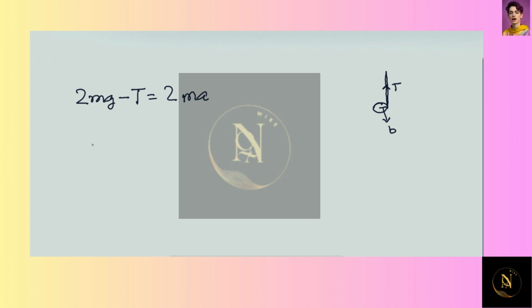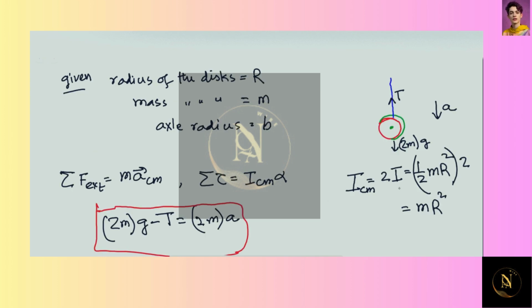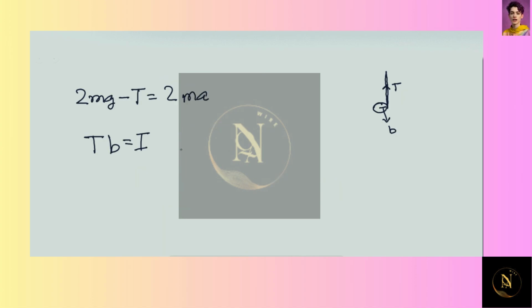So the torque will be T times b, where b is the radius of the axle, and that's equal to I, or I center of mass in our case. Let's just call it I in our problem so that it's easier to understand, and let's call this one I1 and the whole thing I, so the problem is easier to visualize.